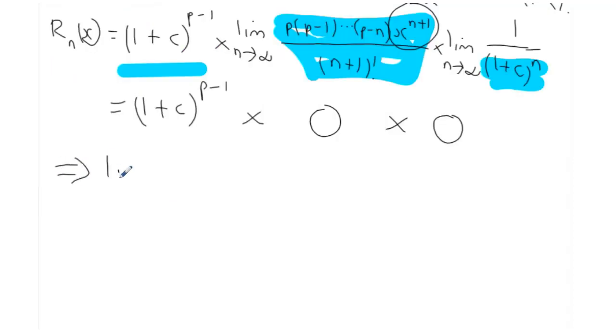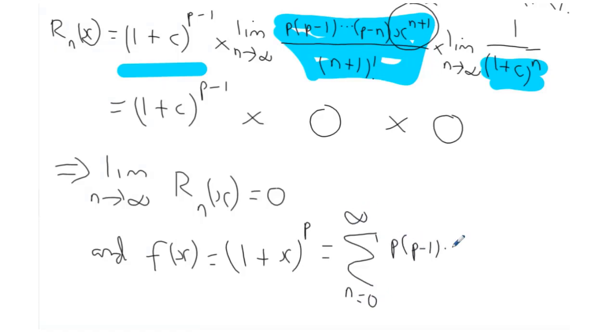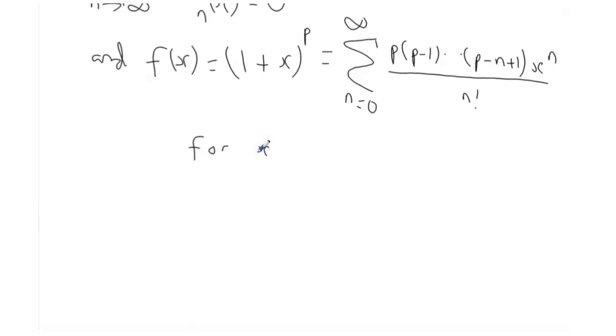So that means the limit as n approaches infinity of the error term equals 0, and f(x) = (1 + x) to the p equals exactly the sum from n equals 0 to infinity of (p − 1)...(p − n + 1) x to the n over n factorial, as long as the absolute value of x is less than 1.